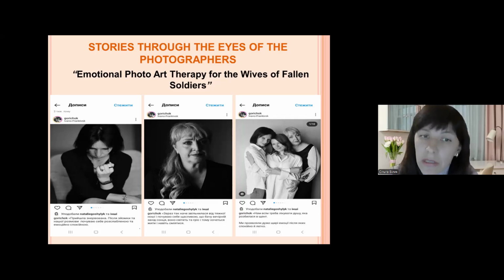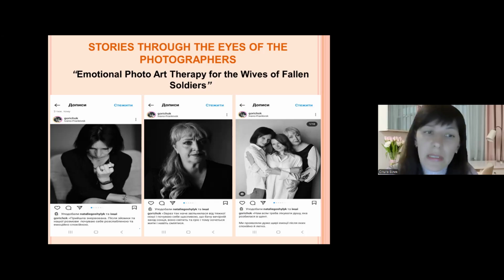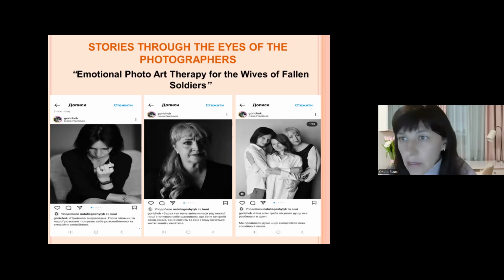Through conversation, Serhiy helped those women open their hearts. They started smiling, and he tried to capture the moment when they started smiling. And as you can see in the second picture, the woman is smiling a little bit. So it's like a transition from the first stage to the second stage.